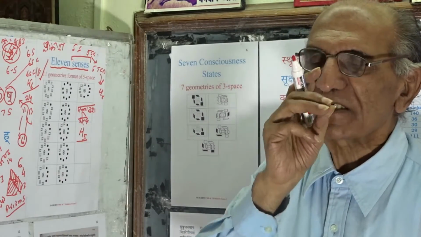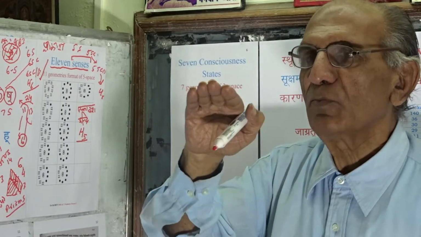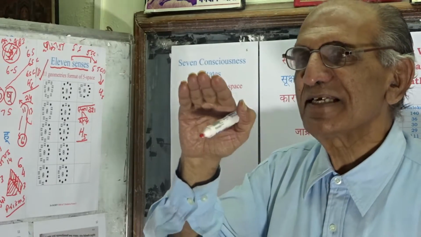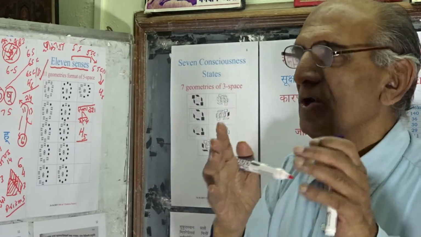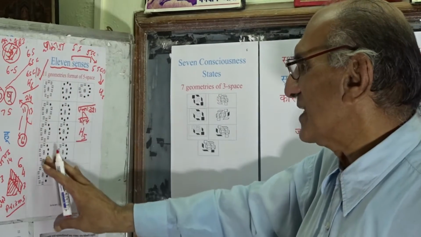Let us make a specific note. The existence phenomenon within the human frame, when it is to be chased at the senses level, is to be chased along the formats of 11 geometries of 5 space.